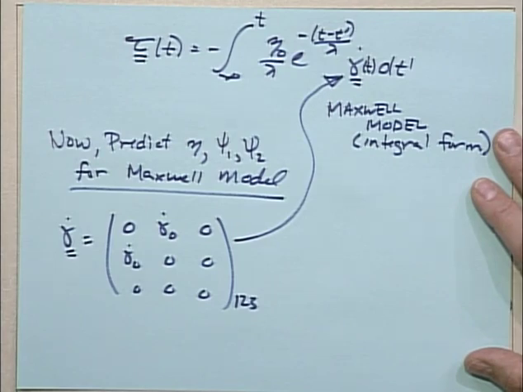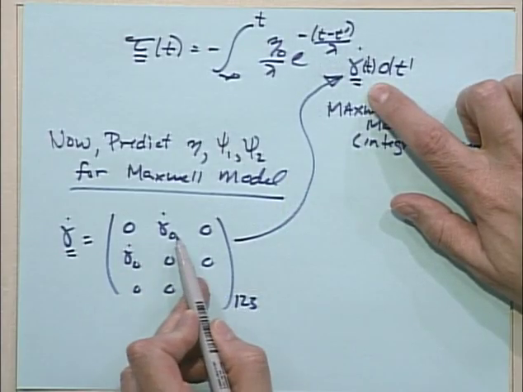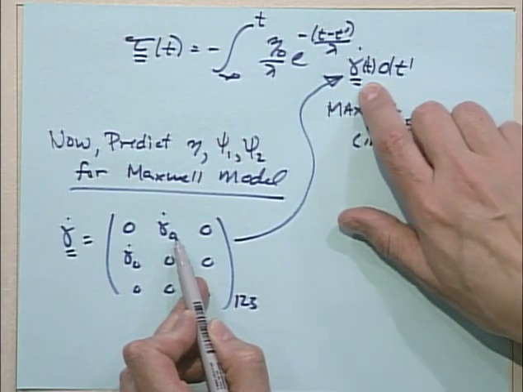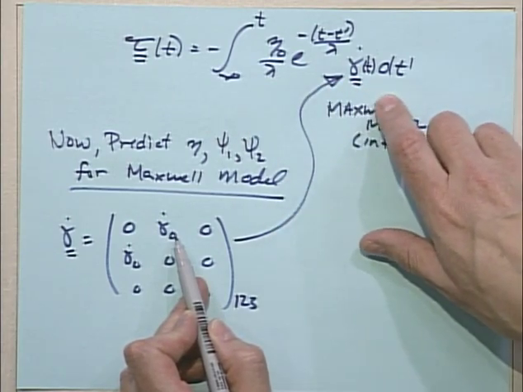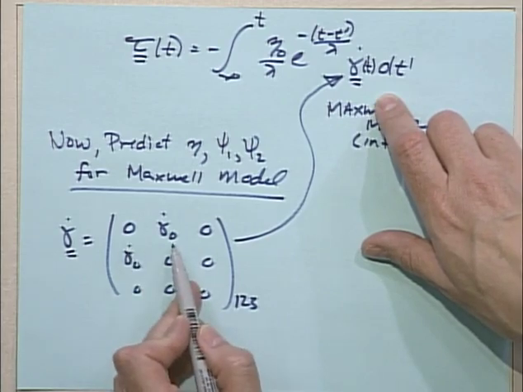Now remember, just think of this equation as 9 equations. So when we put 0 in there, we get that the stress is 0. When we put gamma dot naught, we get an integral with a constant in it, and we can do the integral. And so those are the only two things we ever have to put in there, either 0 or gamma dot naught.